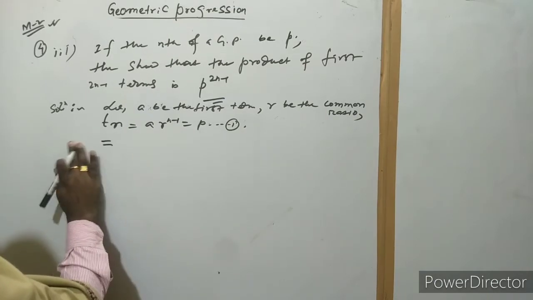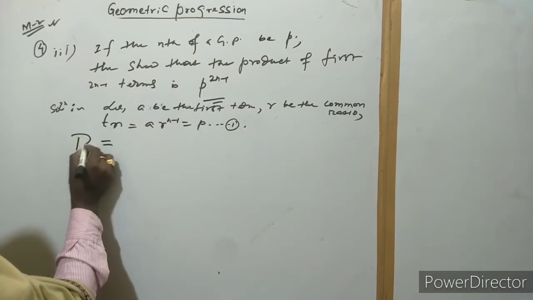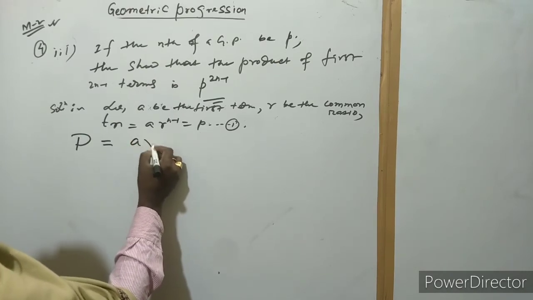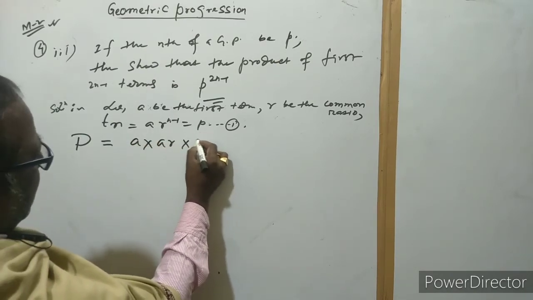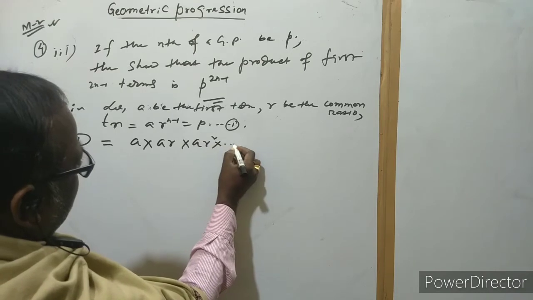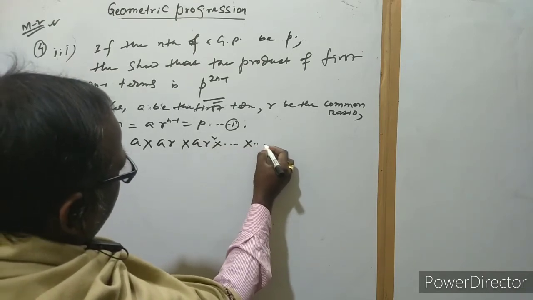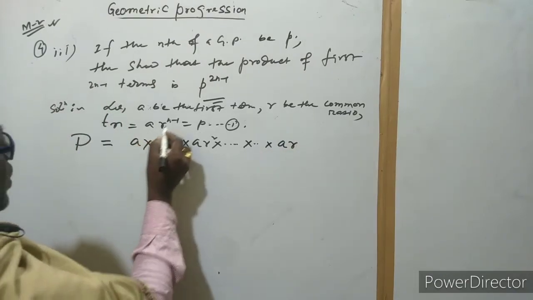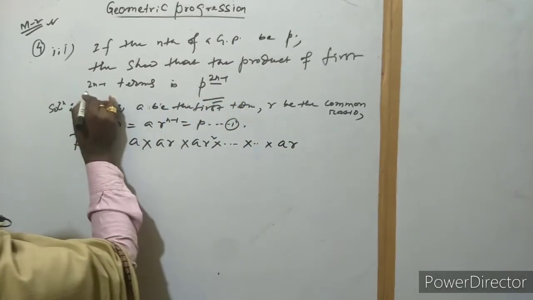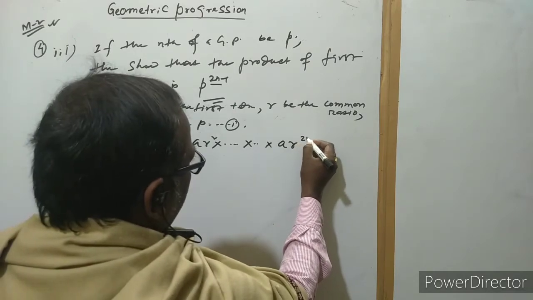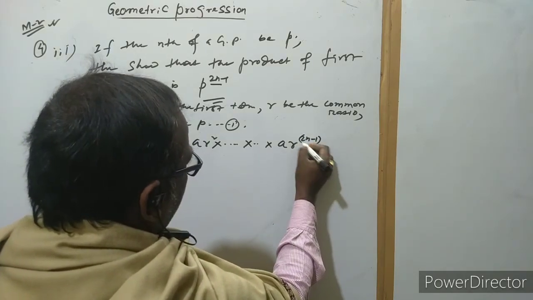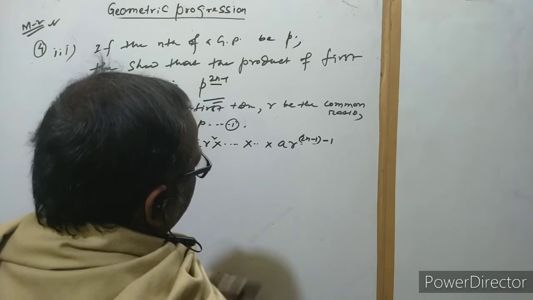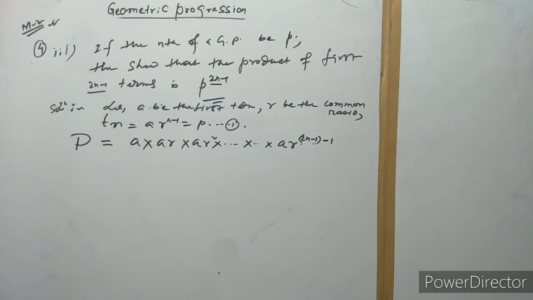So pi is equal to, this is capital P, so A into R to the power, this is the number of terms here 2n minus 1, first 2n minus 1, and this is the number of terms, so this is minus 1. If we know that n is the number of terms, then the nth term is A into R to the power n minus 1.